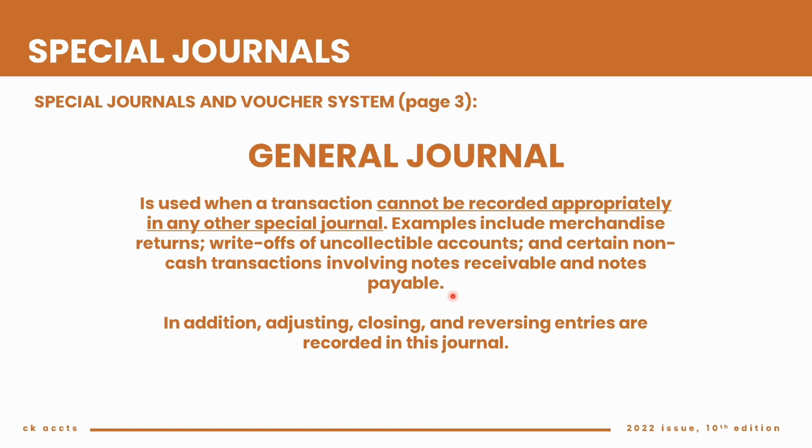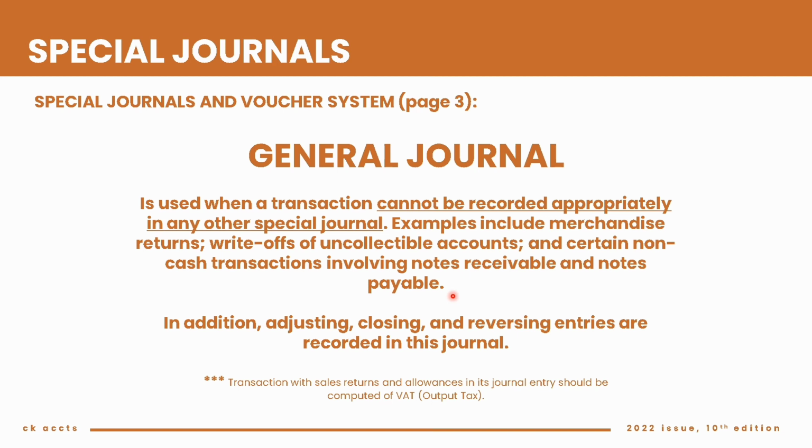Yan. So, in addition, adjusting, closing, and reversing entries are recorded in this journal. So, wag din kakalimutan na dito natin nilalagay yung mga adjustments natin, yung mga closing entries, tsaka yung mga reversing entries. And may dagdag ako na tip for you in dealing with general journal.